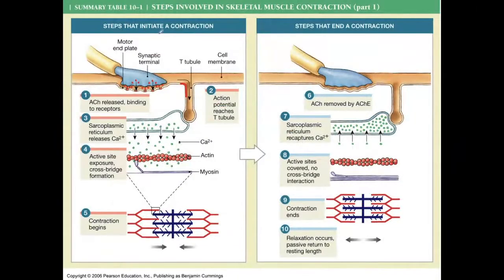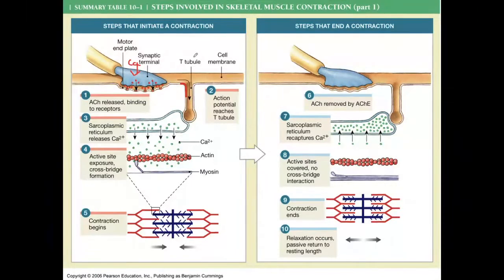So the steps that initiate a contraction: here's the axon, here's the axon terminal, or the synaptic terminal. We have the end bulbs. We have acetylcholine that is being released through exocytosis, and remember, it only does that because calcium influxes inward and tells the acetylcholine to release through exocytosis into the synaptic cleft.